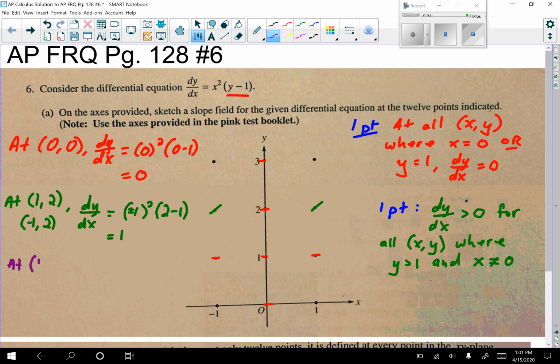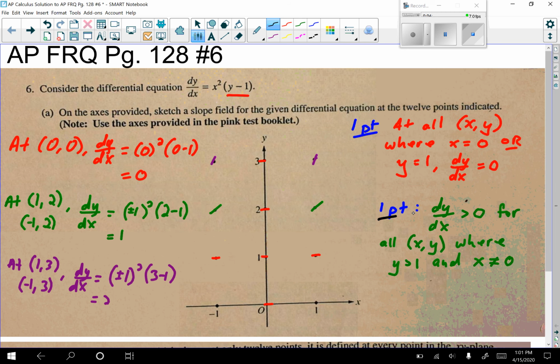At 1, 3, and also negative 1, 3, dy over dx is going to equal plus or minus 1 squared, and then 3 minus 1, so this will give us 2. So we have positive slopes there. So this is only worth 2 points.